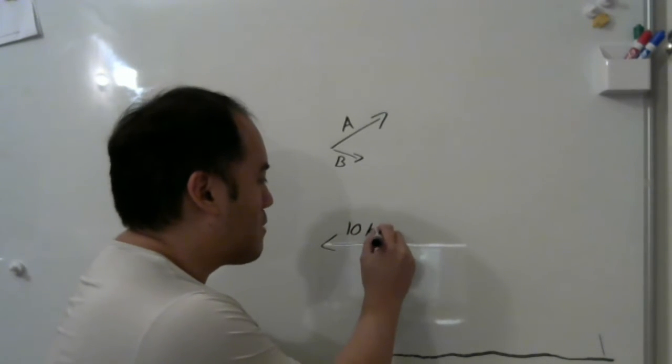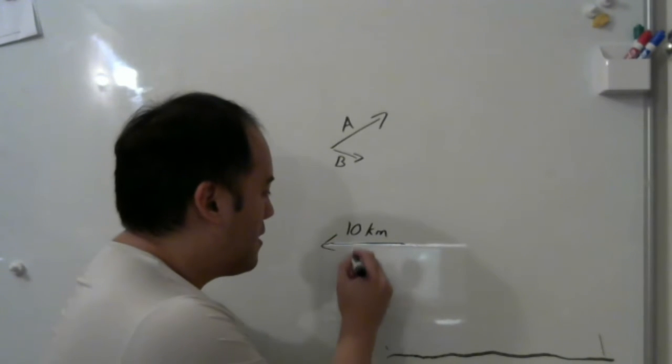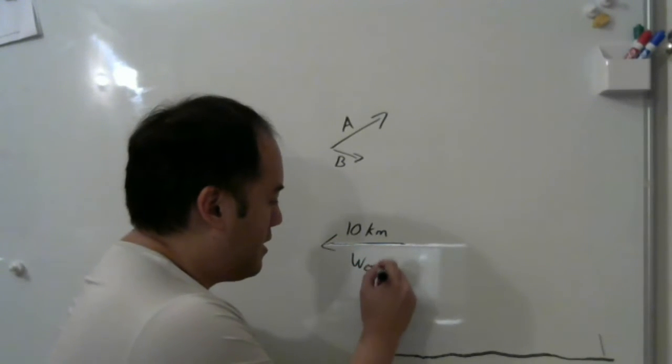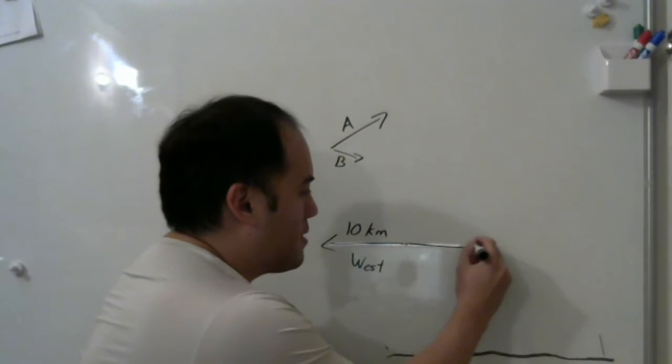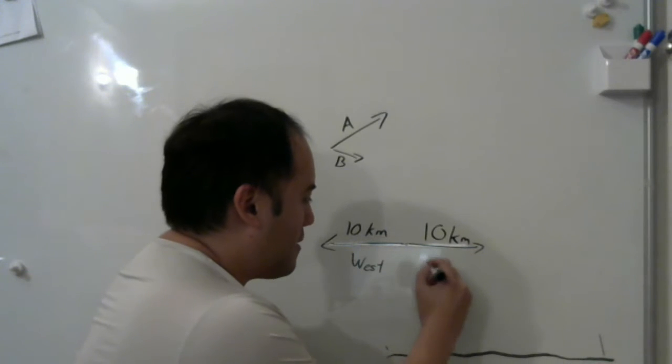A pace is actually pretty close to a meter. So they walked 10 kilometers west instead of 10 kilometers east. How do they solve that?